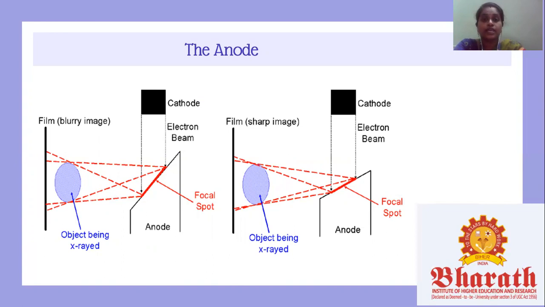In other words, it permits high loading without having to sacrifice image detail. Some degree of cracking and pitting of the focal spot is normal, especially in tubes with a large focal spot. Fortunately, this doesn't affect the tube's performance unless the damage is so severe that the ability of the anode to dissipate heat is compromised.